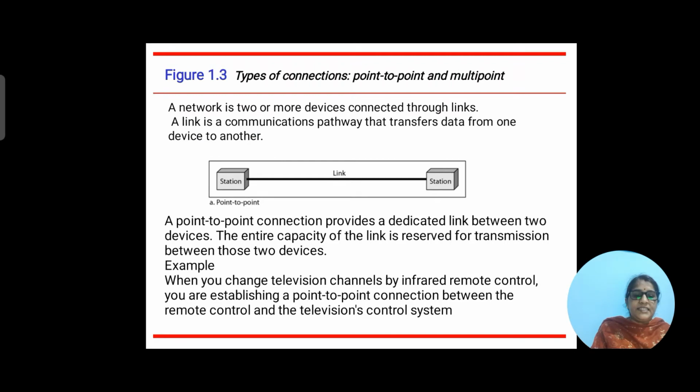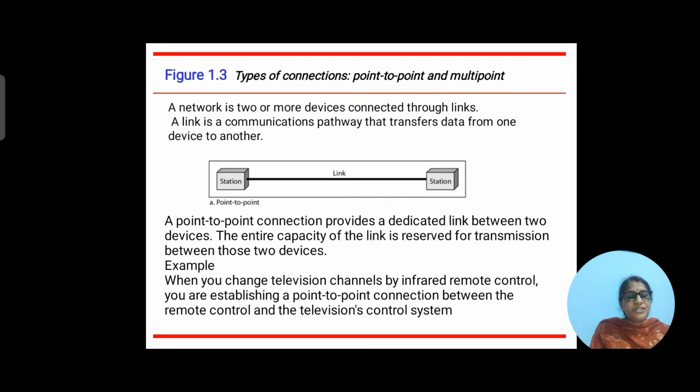Now let's see types of connection. The first ones are point-to-point and multi-point. A network is two or more devices connected through links. A link is a communication pathway that transfers data from one device to another.